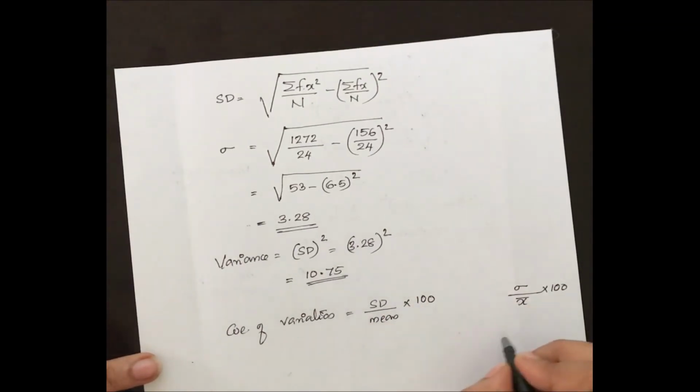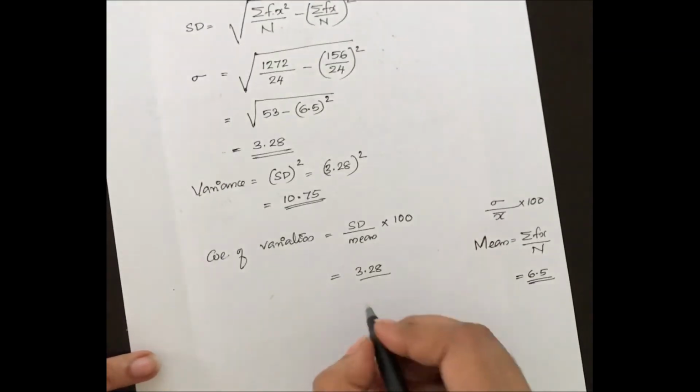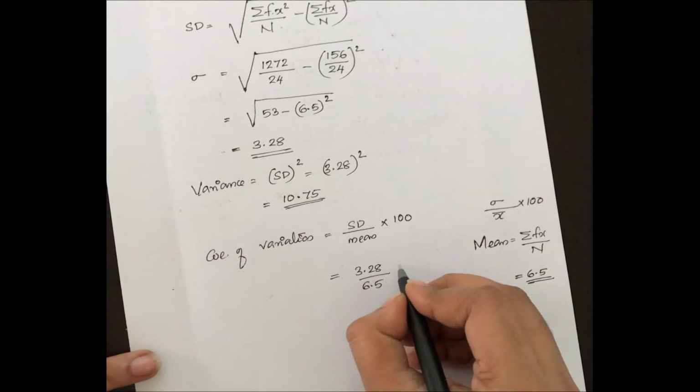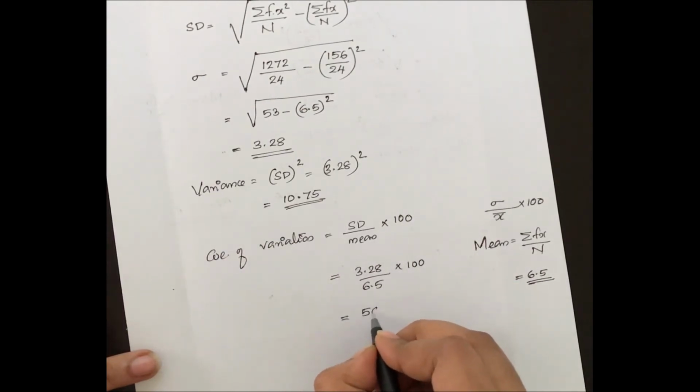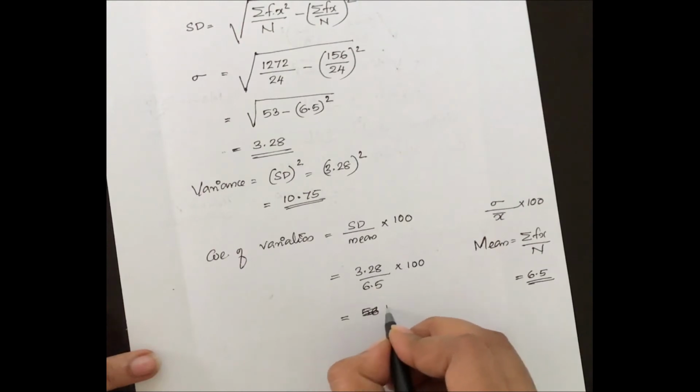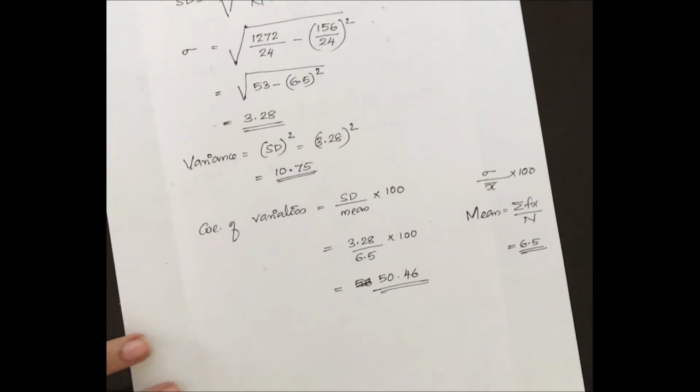The mean is equal to summation fx by n, that is 6.5. So substitute 3.28 divided by 6.5 into 100. We will get coefficient of variation as 50.46.